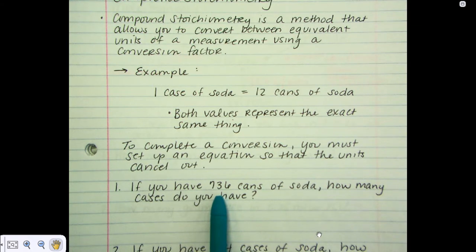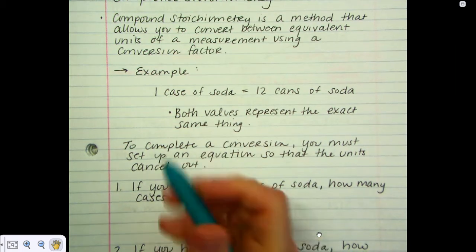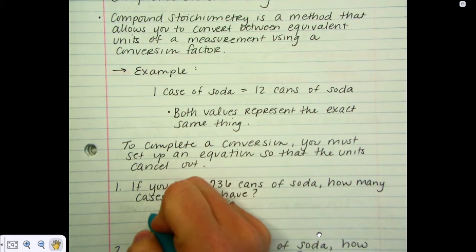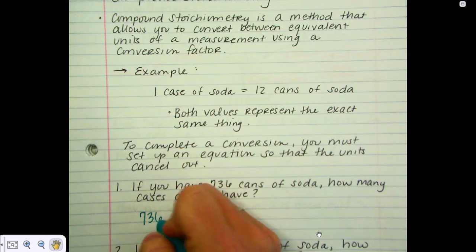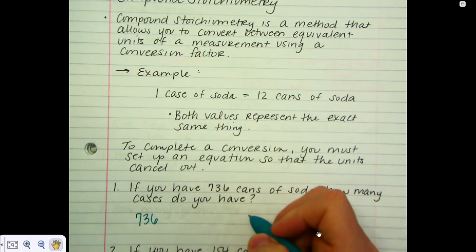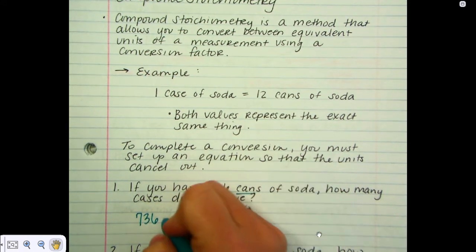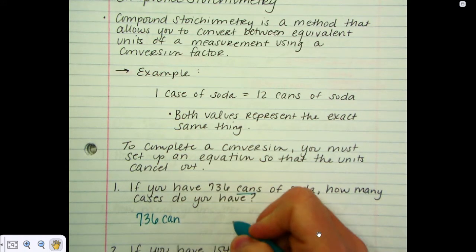We're just setting it up on paper so that the units cancel and we can represent our value in the appropriate new units. So when we set up a conversion factor or a conversion problem, we always start with the number given in the problem, which in this case is 736 cans. Cans is my unit.